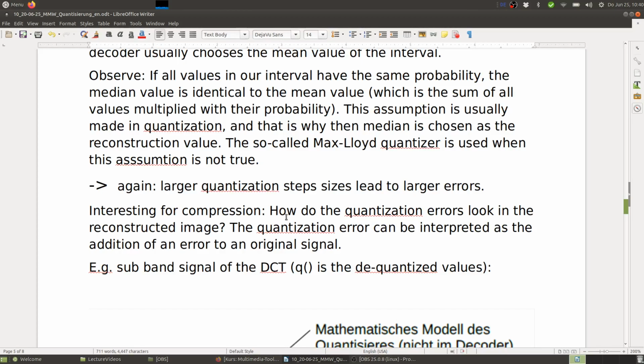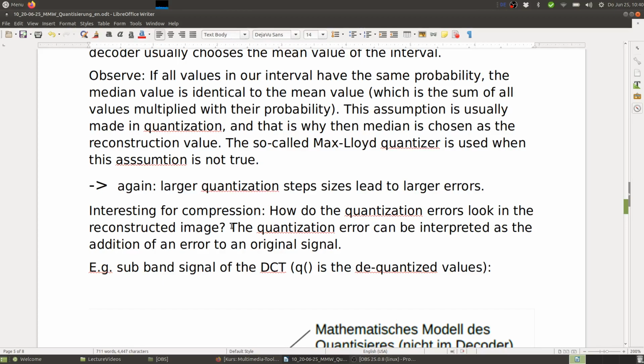Interesting for compression: how do the quantization errors look in the reconstructed image? Right. So now we have the dequantized DCT values, and the dequantization means we have a quantization error on it. So that means the reconstructed image looks different.